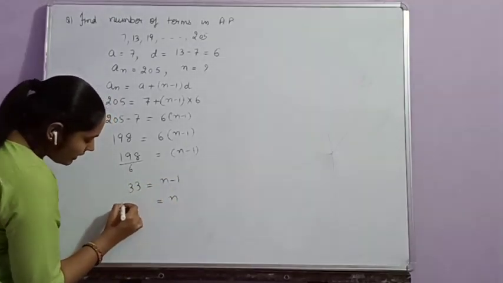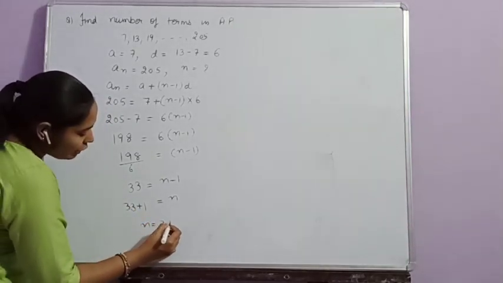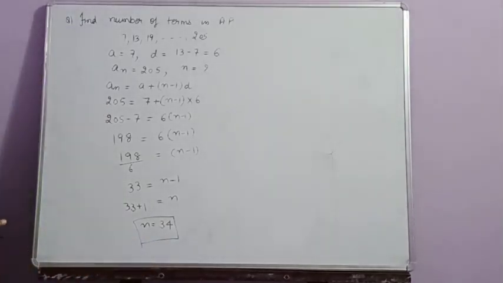N is equal to 33 plus 1, that is equal to 34. It means total number of terms in the AP series is 34 terms. Clear?